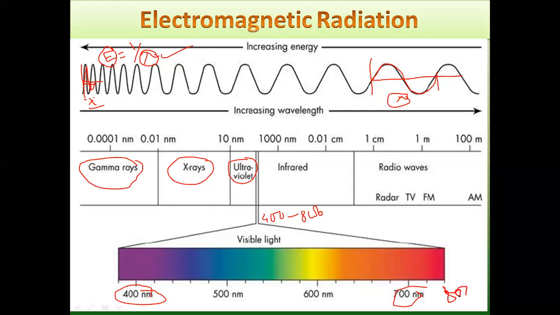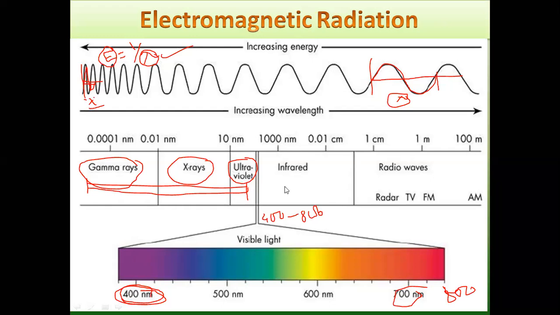So this wavelength can be absorbed by our eyes and we can visualize the various objects. But this higher energetic light we cannot visualize, because this higher energetic light damages our eyes. Our eyes cannot bear this wavelength or energy of light.